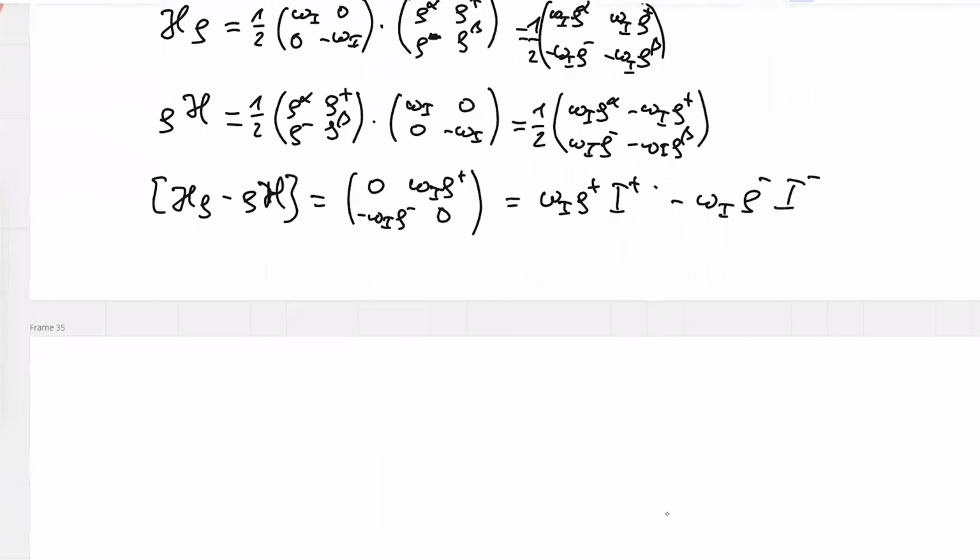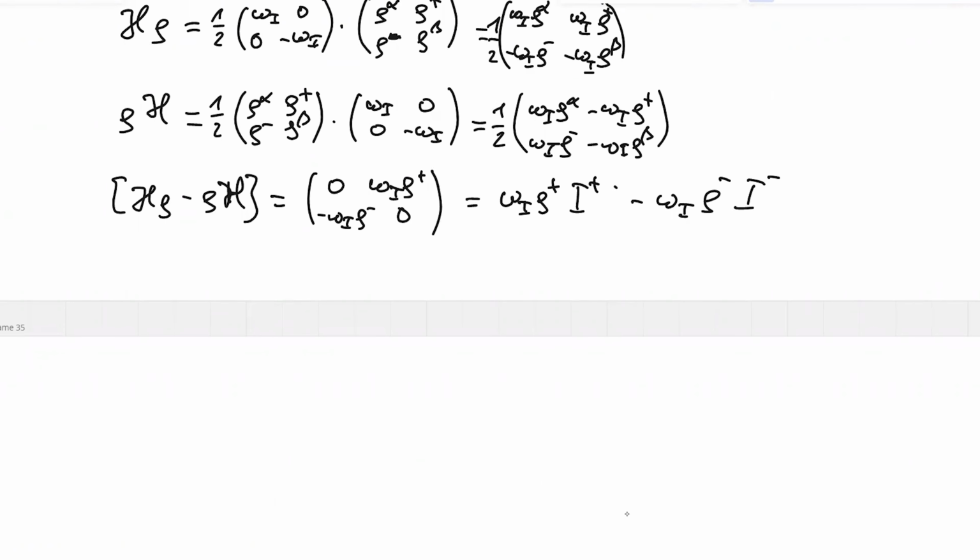And so what we can tell from this is simply that we have one element, and that is I plus, that is, the superoperator working on I plus, that this value is omega I, because we started with rho plus indicated by the placeholder rho plus, which means we started with I plus spin density operator, and we ended up in I plus.